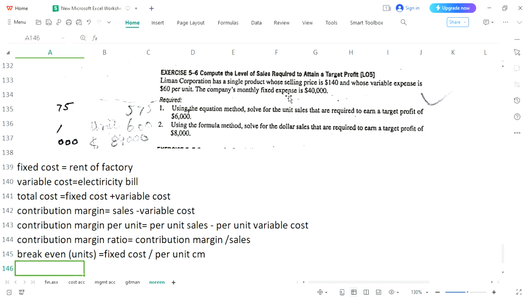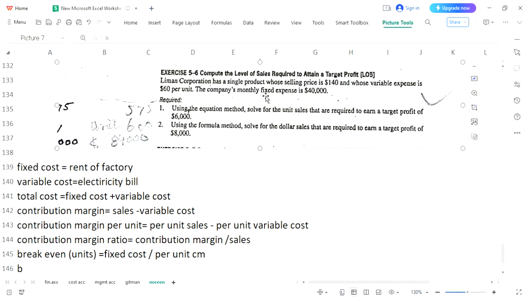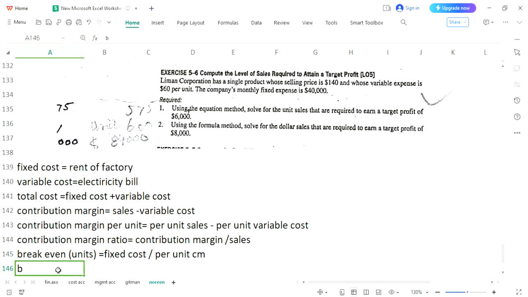And finally, break even point was calculated in terms of dollars.